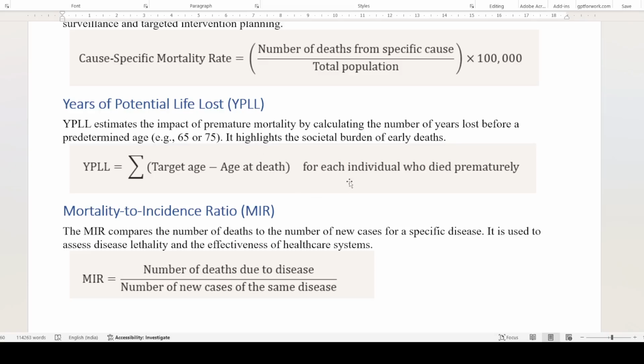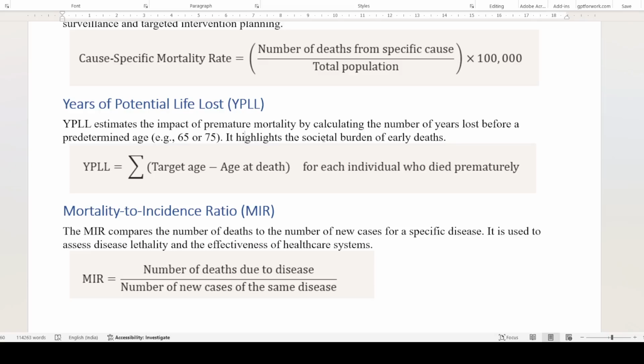Like for example, the person who is obese, in a certain period of time he is developing diabetes, in a certain period of time he is developing hypertension. Then if the disease is progressing, he is developing certain complications.